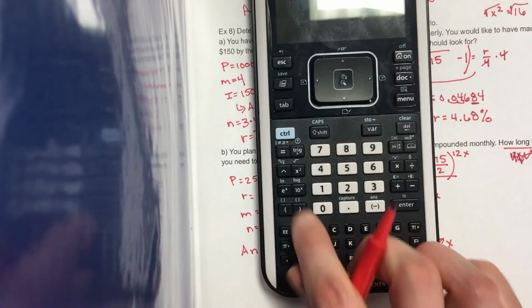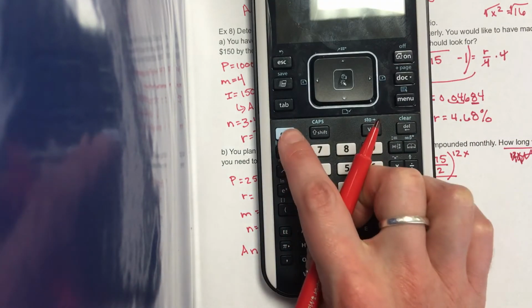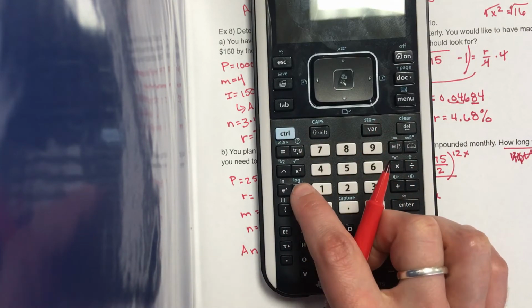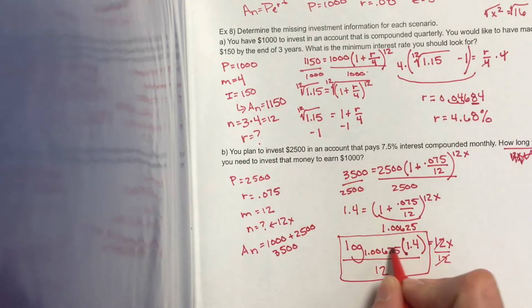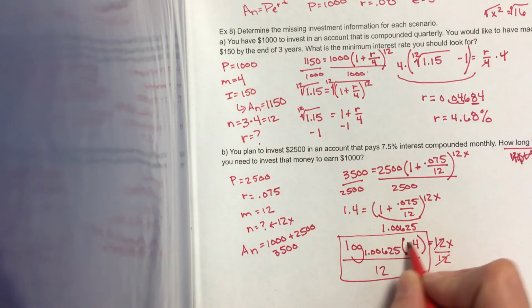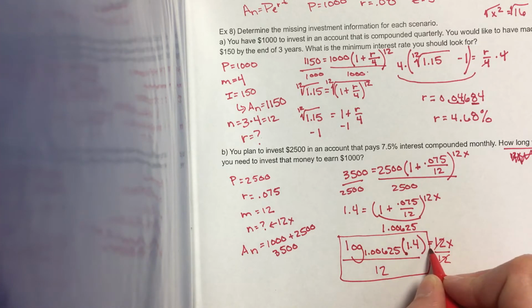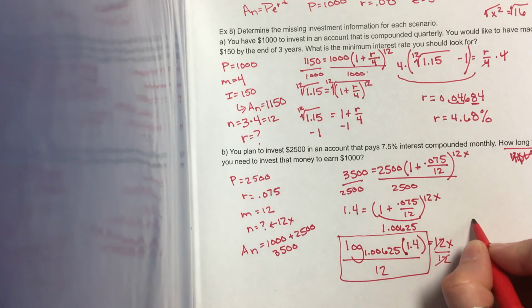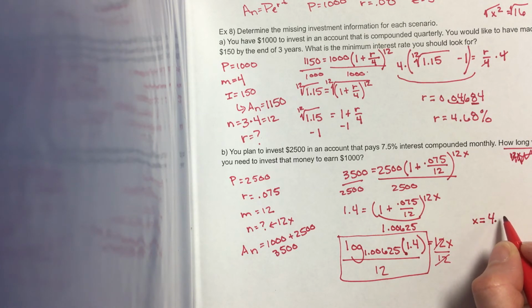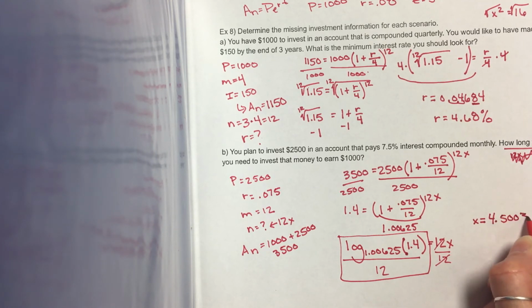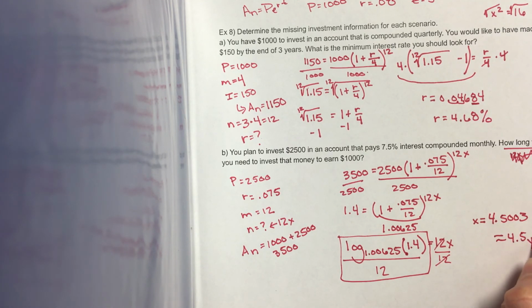Remember, you do have a log key right here. It would be control and then the 10 to the x key to get the log. When you type that in your calculator, that little box will pop up so you can enter the base, and then parentheses, you can enter your number. Make sure you're outside of that parenthesis before you hit divide. So you can get your x of 4.5003, or approximately 4.5 years.